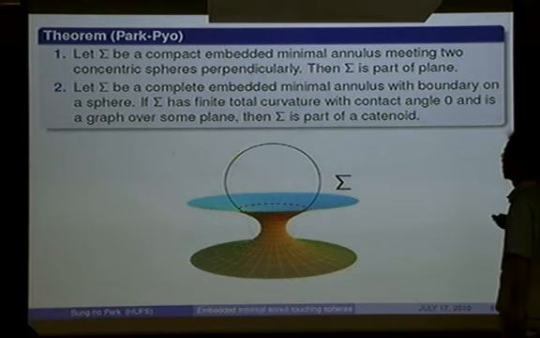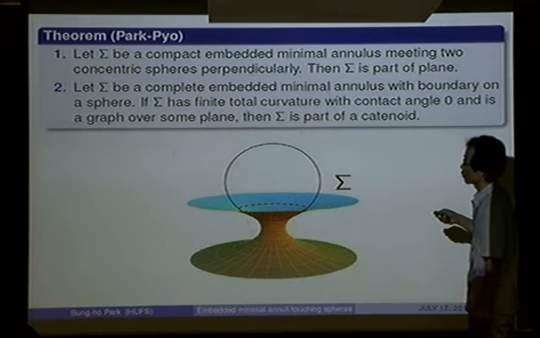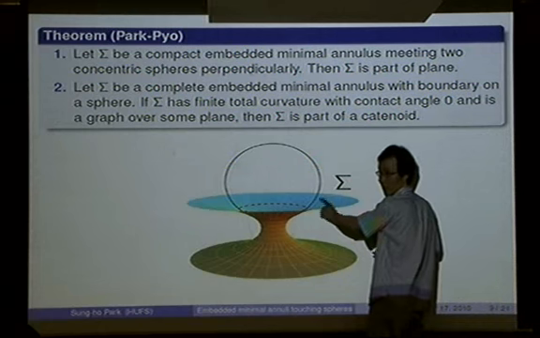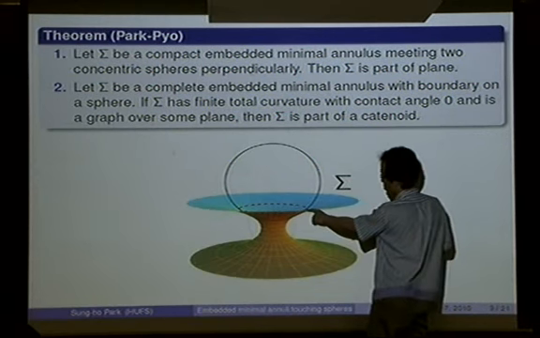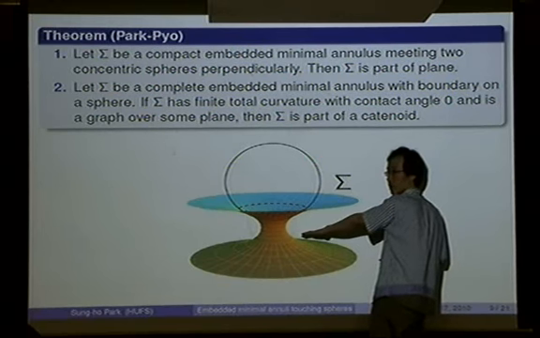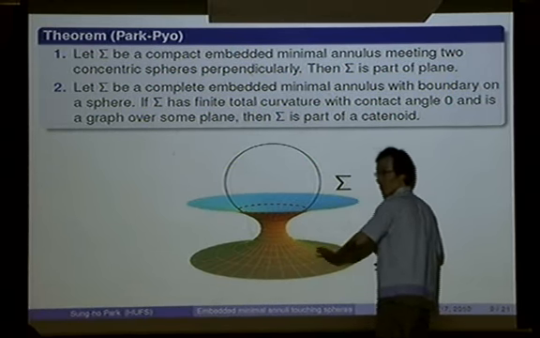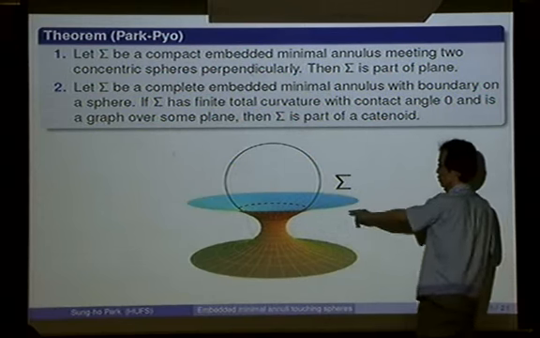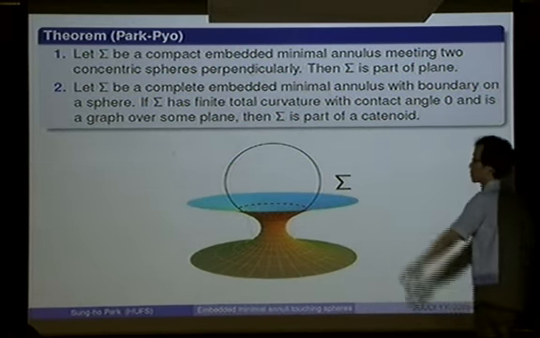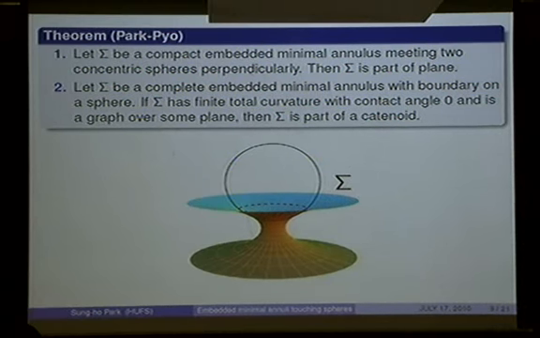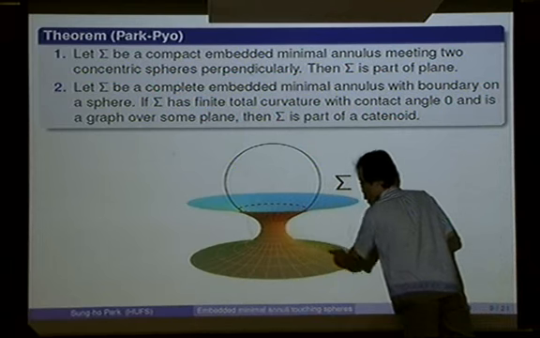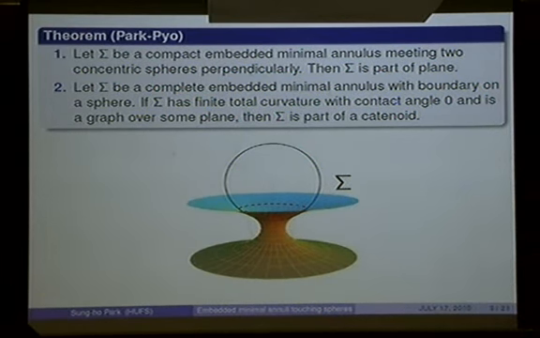Let me explain what this means. Here I have two pieces of catenoid, and this upper piece is a graph over some plane, but the lower piece is not a graph. So we proved it for this upper piece type, but we could not prove it for this lower piece case.